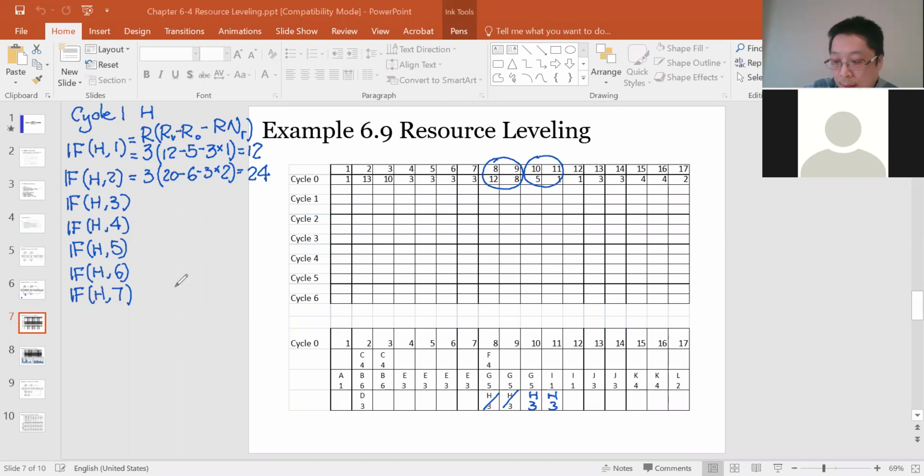Then I will give you a 5-point participation. Write down your answers for those improvement factors in the chat. The first to finish with the correct answer, I will give the 5-point participation for this semester.